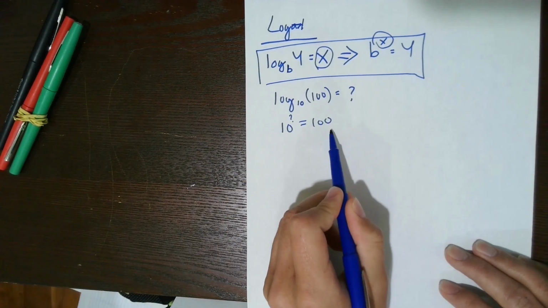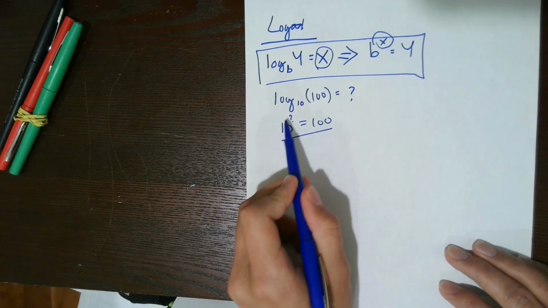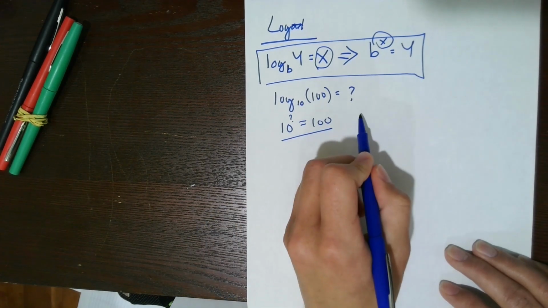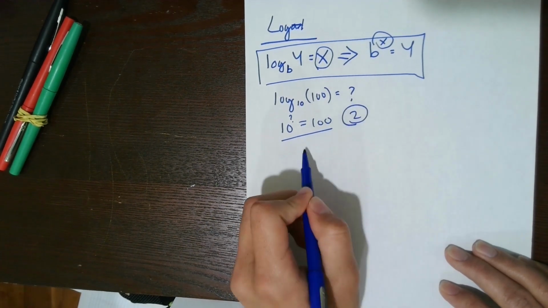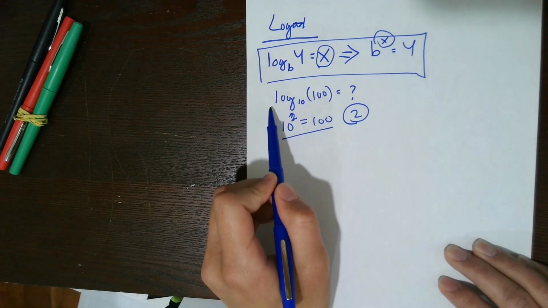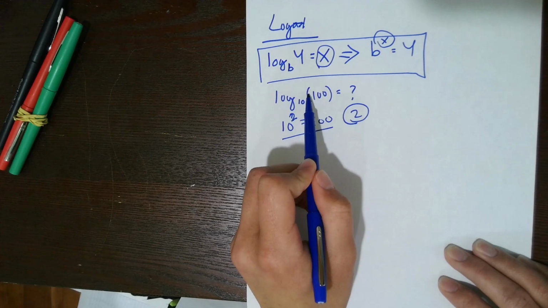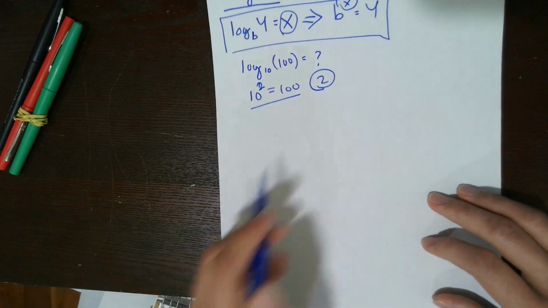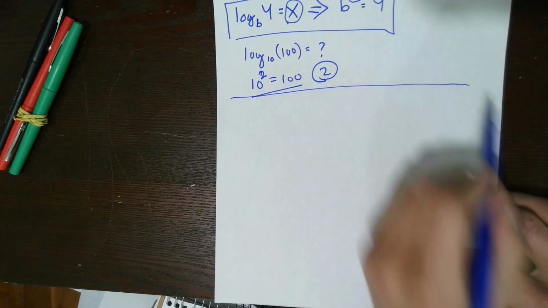And once you get to here, you ask yourself, what number do I raise 10 to get 100? And the answer is 2. All right? Because 10 raised to the second power gives you 100. So log base 10 of 100 is equal to 2. So a log is just a different form to write an exponent. I don't know why they needed 2 ways, but that's the way it works.